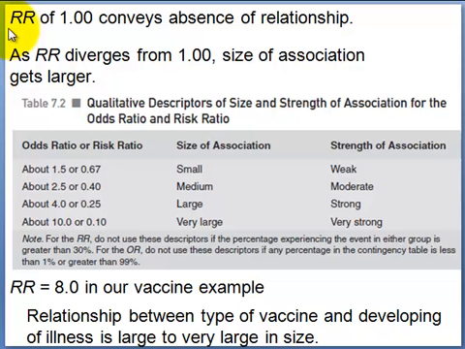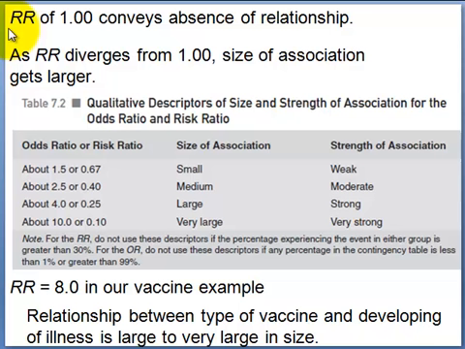For instance, a risk ratio of 0.20 conveys a stronger relationship than a risk ratio of 0.50 because it's farther away from 1. It's more intuitive that a risk ratio conveys increasingly larger association as you move away from 1 in the positive direction.